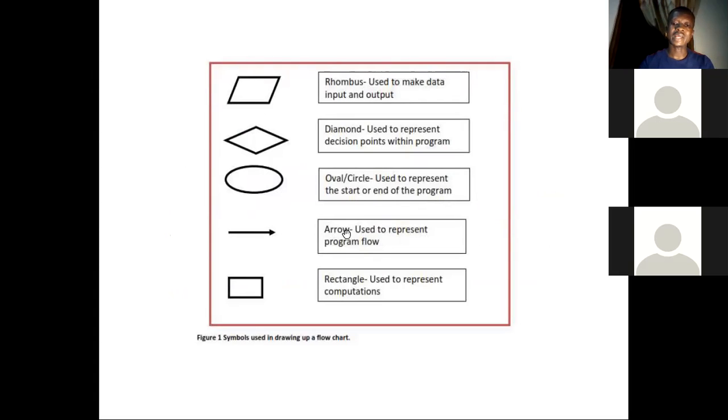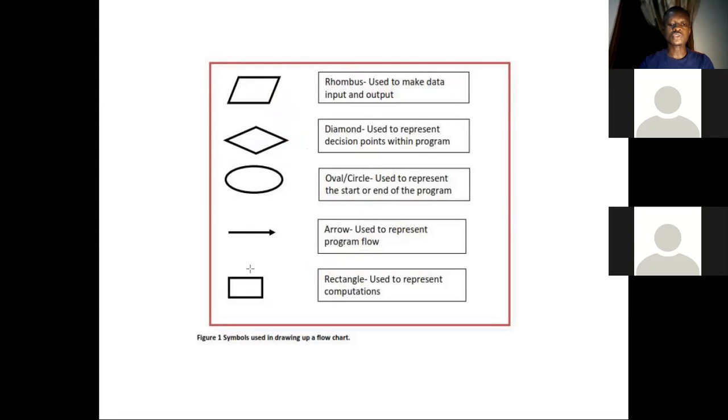Then this is the arrow. The arrow is used to represent the program flow. So where are we going from here? If I point an arrow here, that means the program is flowing in that direction. If I point up here, it means that the flow goes in that direction. We will look at how this is done.